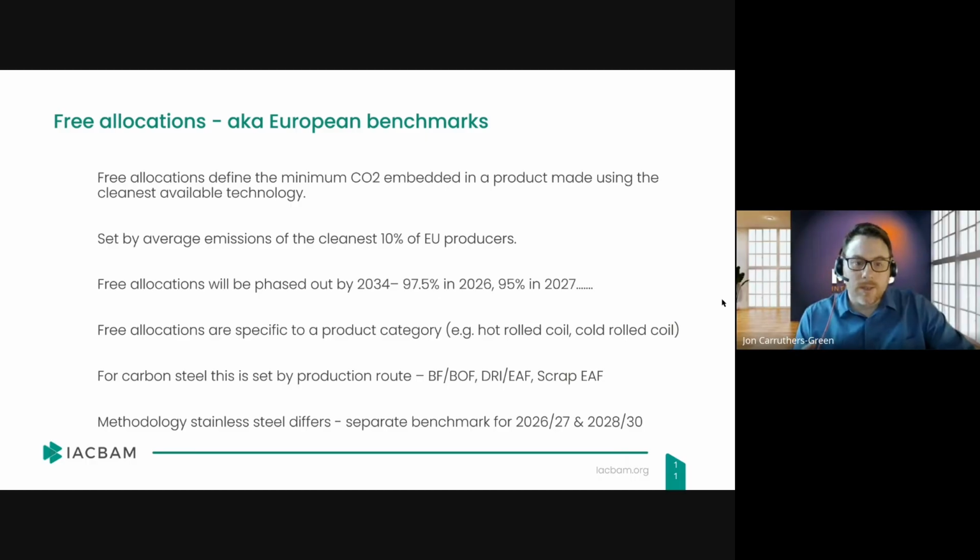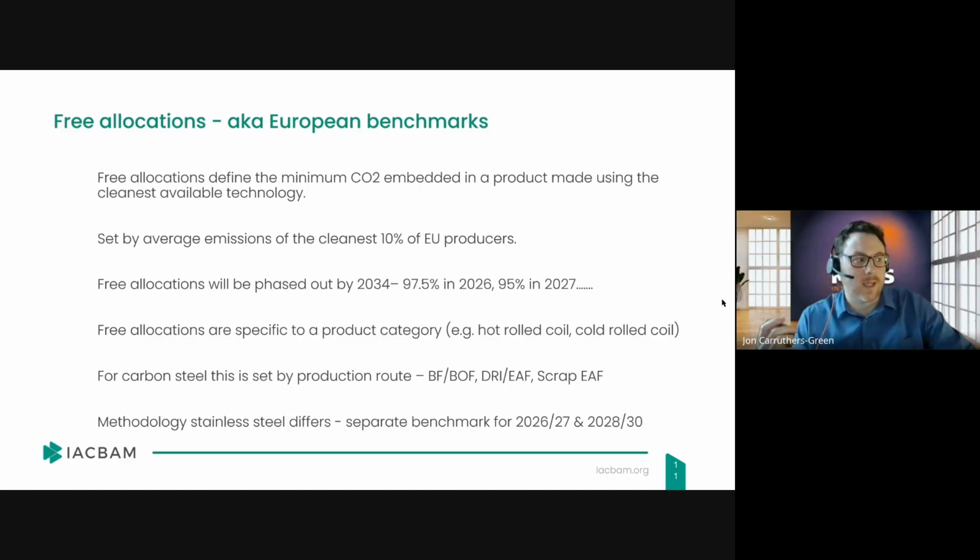So the numbers that were released in December are all based on the 10% cleanest EU producers. Now, as the European steelmakers have an obligation to cut their carbon emissions, these free allocations are going to be phased out over the next 8 to 10 years.